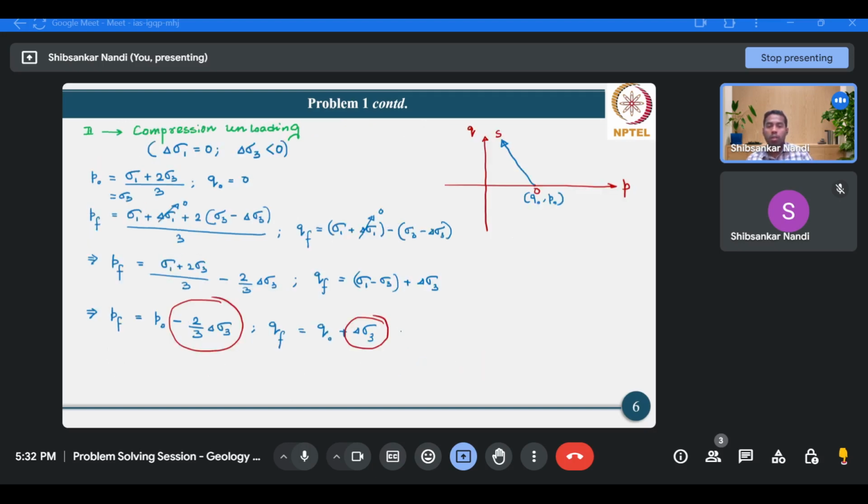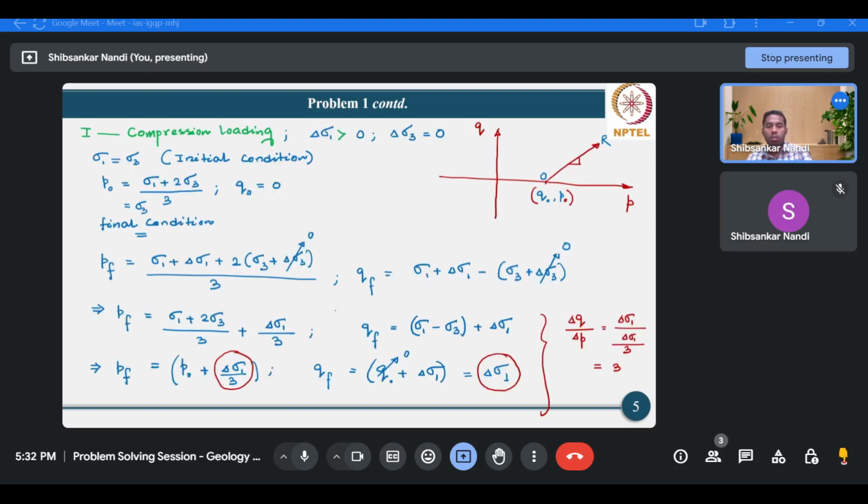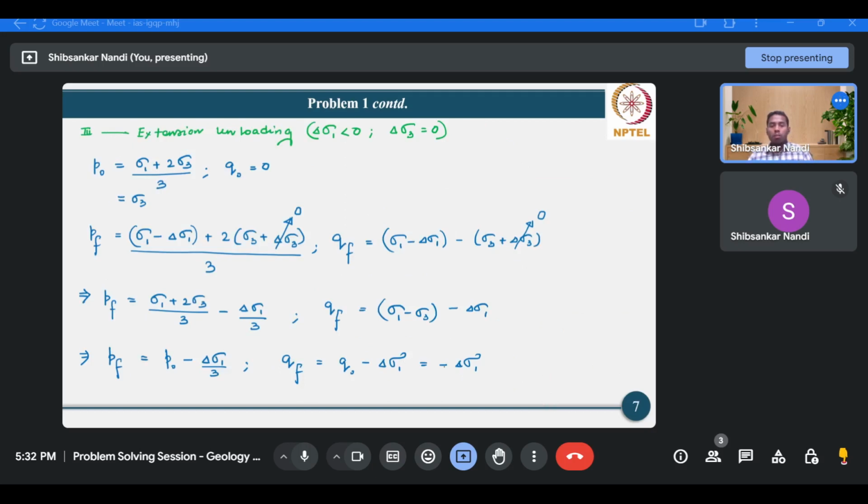Okay, so here also this is 0. So these are the expressions for PF and QF. As you can see, PF is basically decreasing by delta sigma 1 by 3 and QF is also decreasing by delta sigma 1.